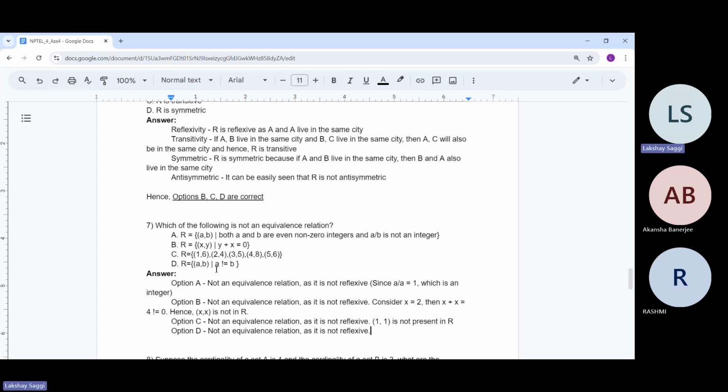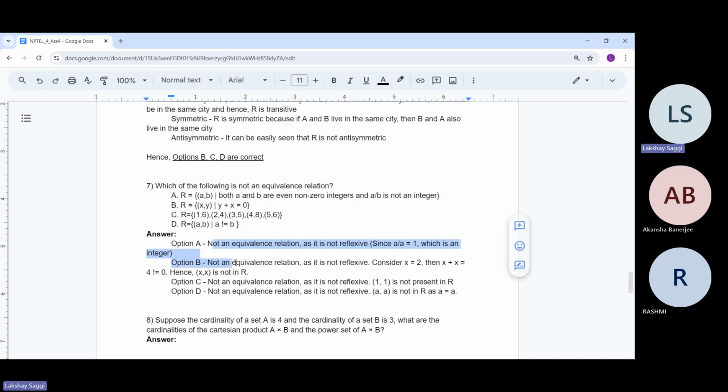But here we see that A is not equal to A is actually false, because A will be equal to A. So A, A is not in R as A equals A.